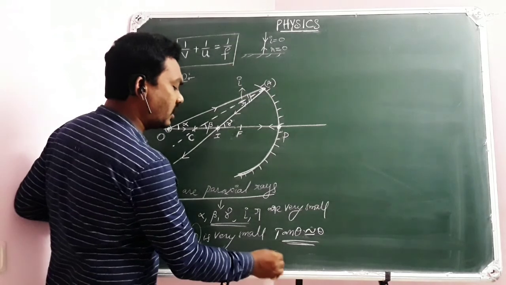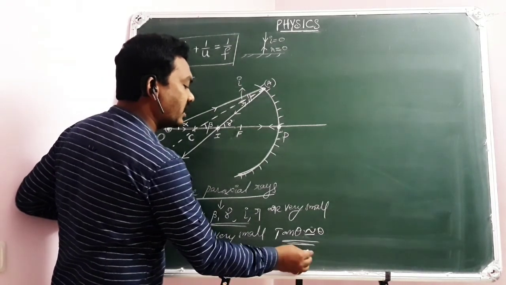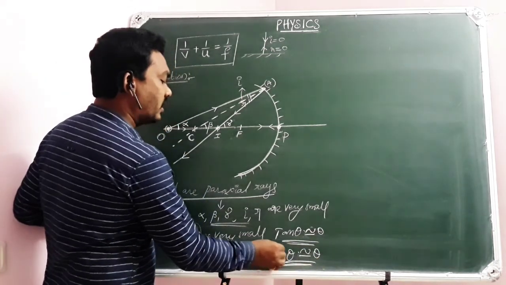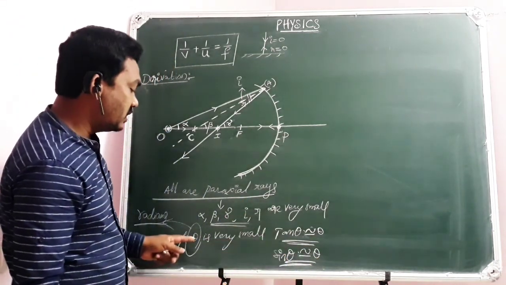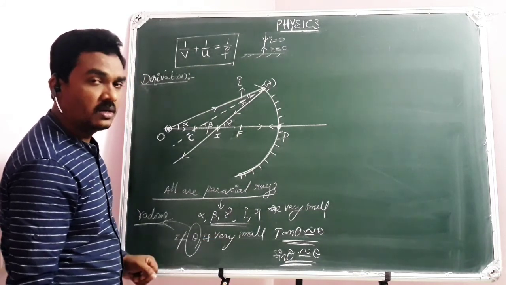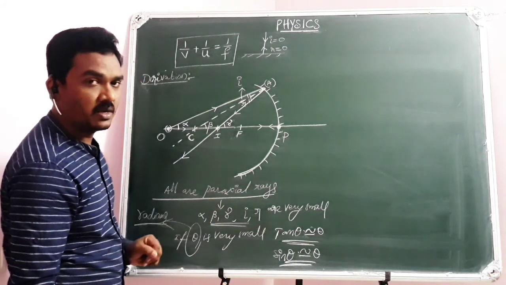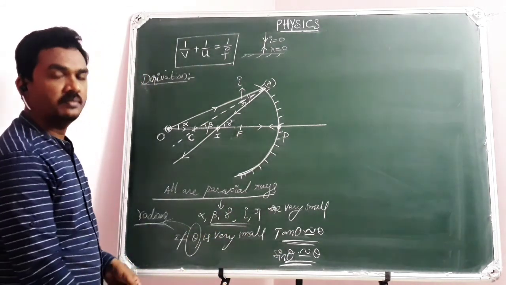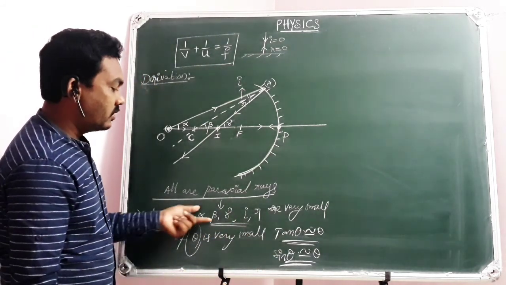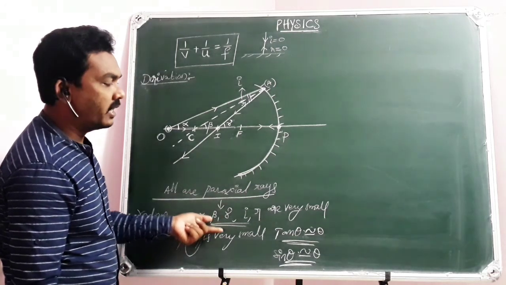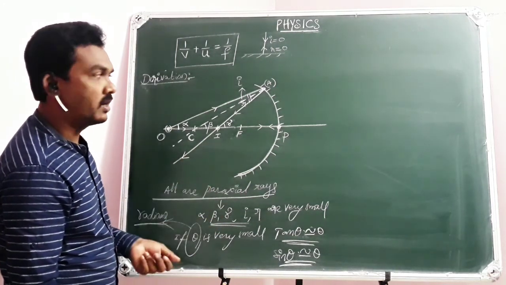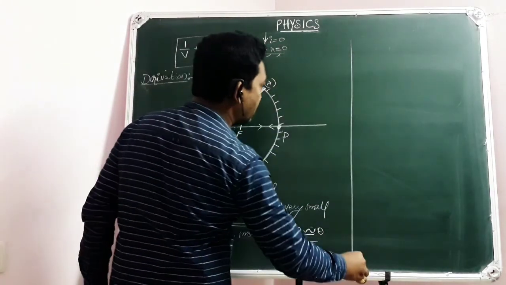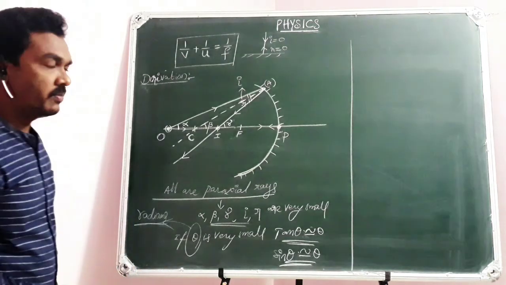Not only that, sin theta also can be approximated to theta. Under what conditions? Theta is very, very small. Tan theta is approximately equal to theta, and sin theta is approximately equal to theta, for values that are very, very small. I apply this condition while deriving the mirror formula.